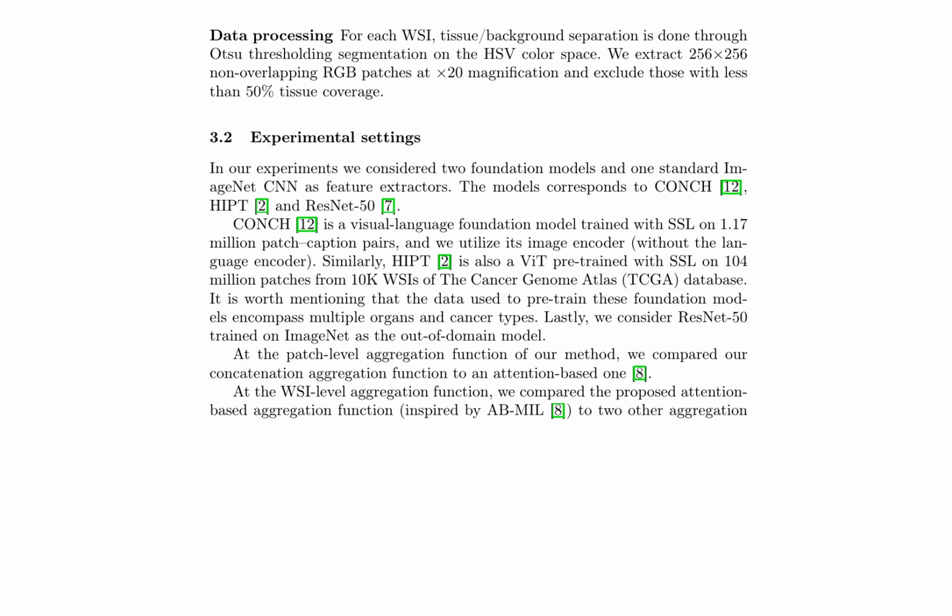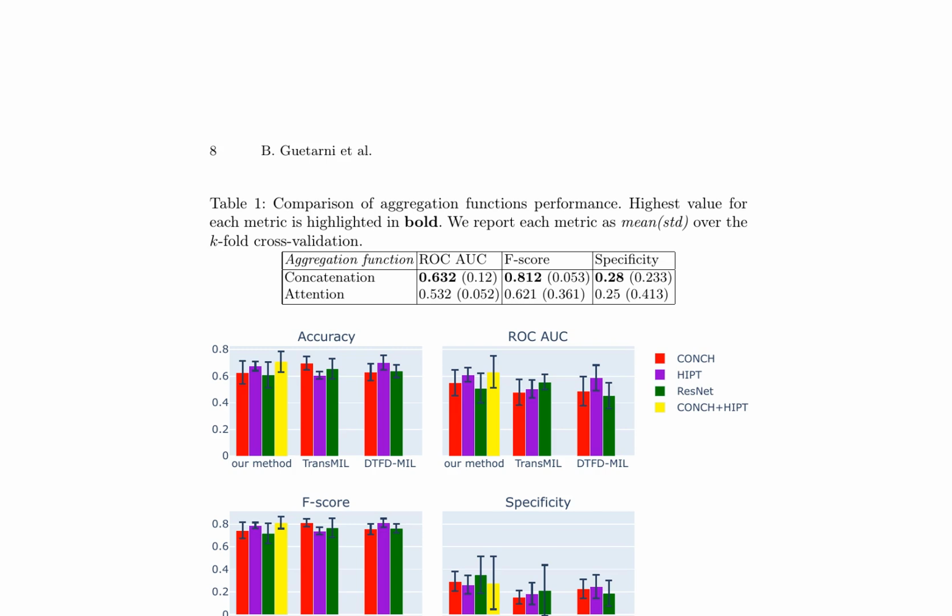Experimental results show that foundation models outperform the ImageNet pre-trained ResNet 50 model in terms of accuracy, precision, recall, and F1 score, with the best performance achieved when combining features from both CONCH and HIPT models. However, low specificity results indicate that identifying negative responders remains challenging.